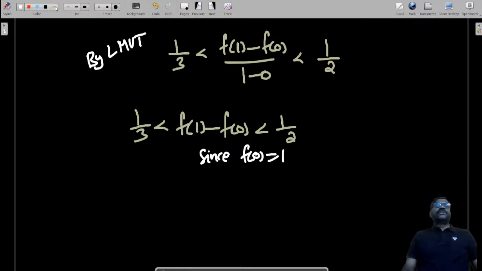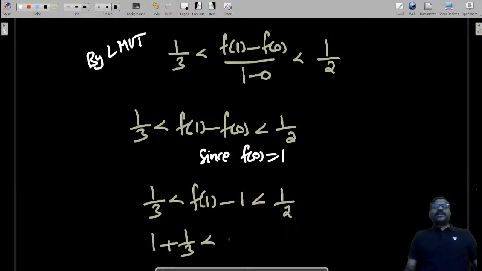Since f of 0 is 1, 1 by 3 less than f of 1 minus 1 less than 1 by 2. Therefore, 1 plus 1 by 3 less than f of 1 less than 1 plus 1 by 2.